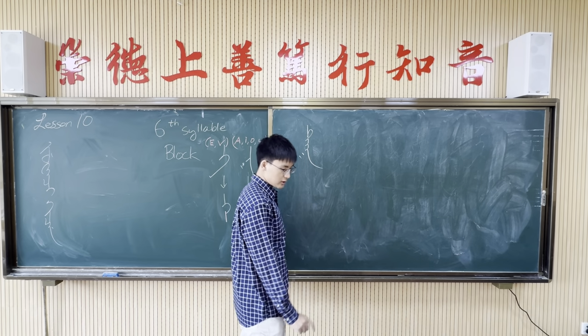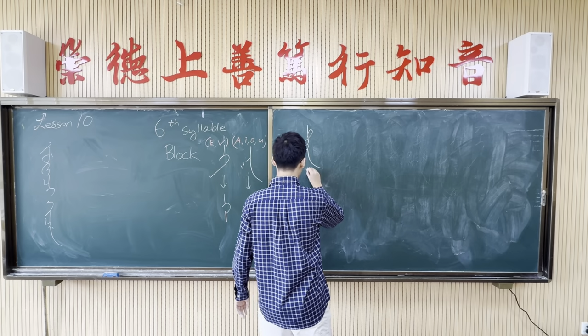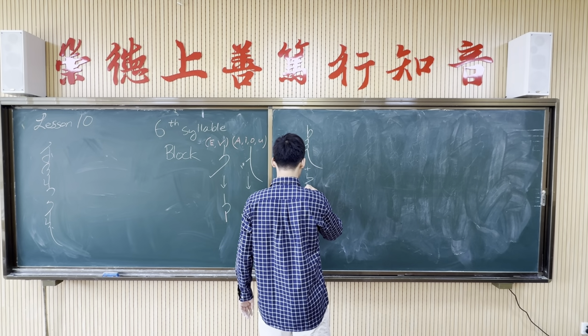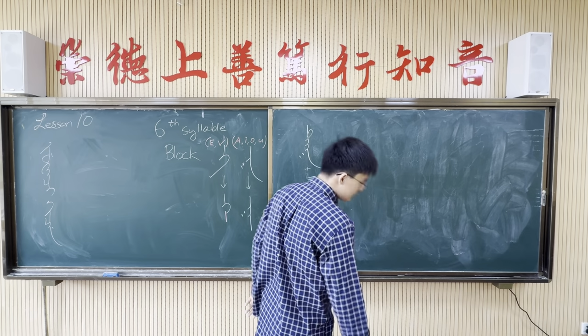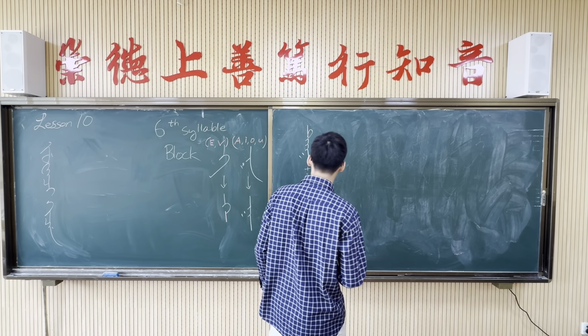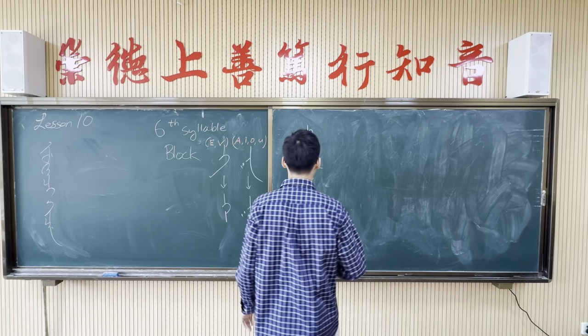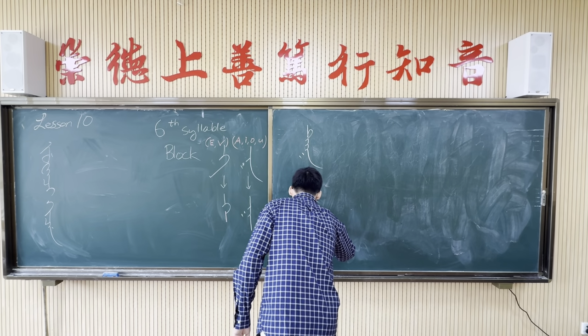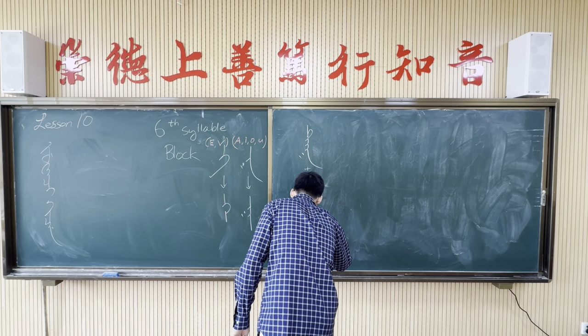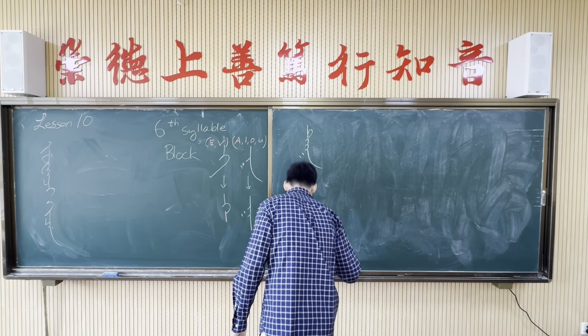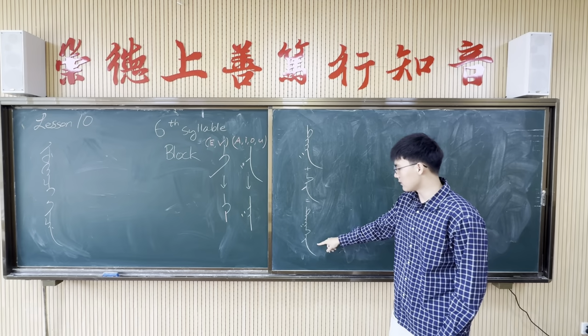I'm going to add it with sin. 특신 means even or equal. So we're going to connect them.